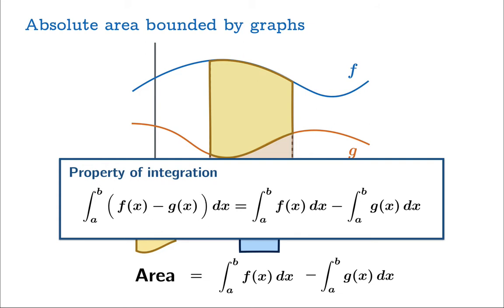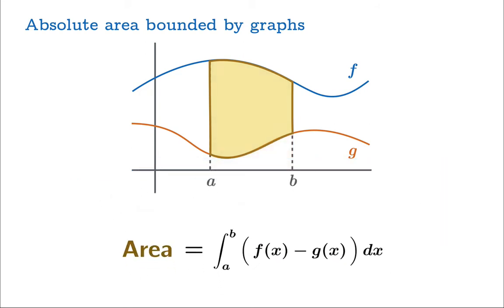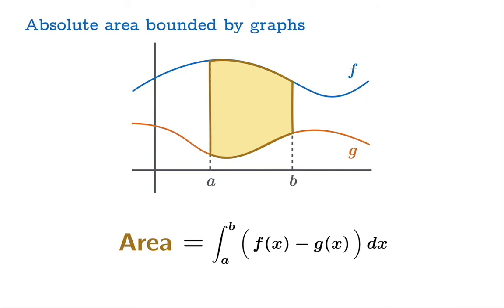In our case, we'll reconstitute this. Since we're taking a difference of two integrals, we can rewrite it as a single integral of the difference. So the area in this case is given by the integral of the difference of f and g integrated on the interval from a to b.